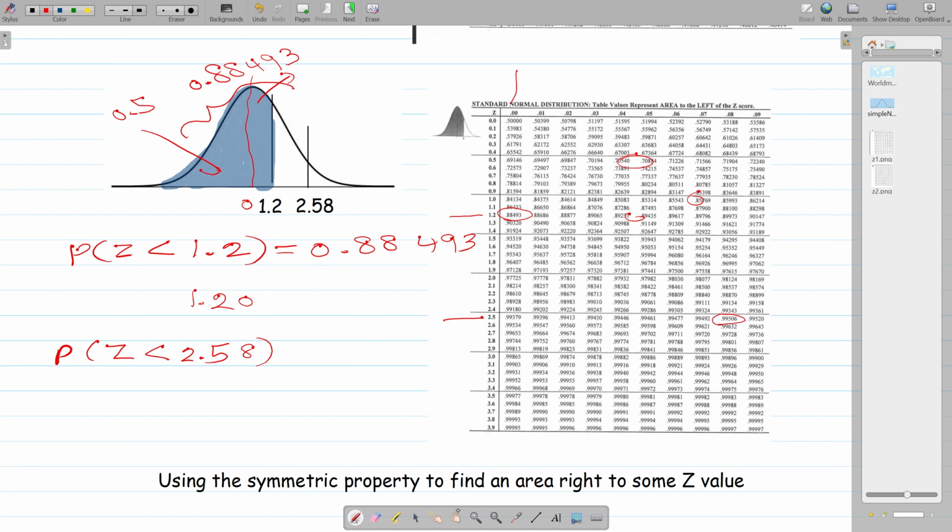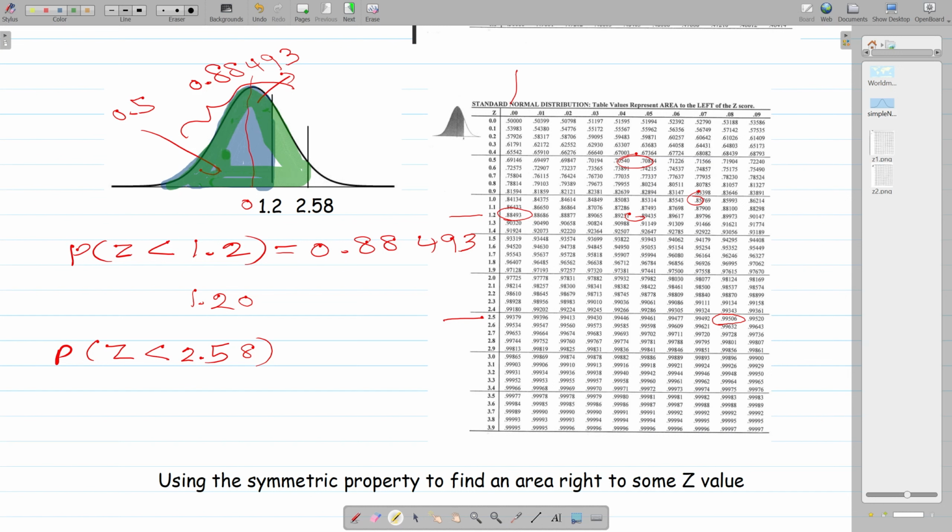You see that it includes a larger area than 1.2. So, the total area for that one is this. It includes the previous area, probability less than 1.2, right?